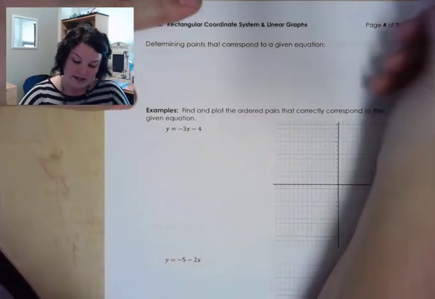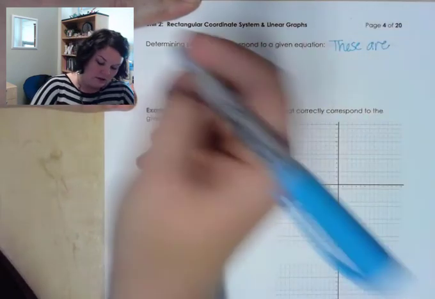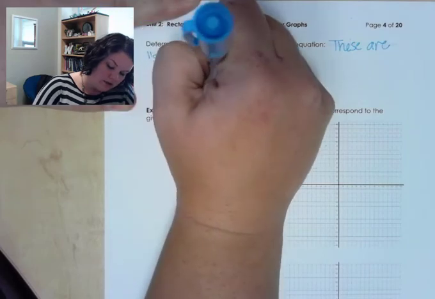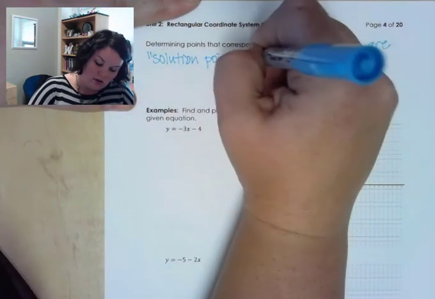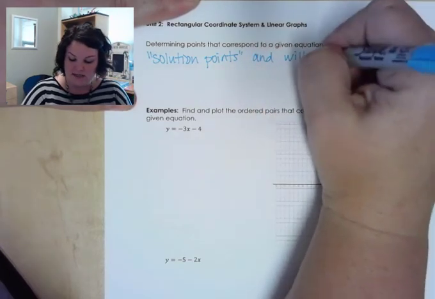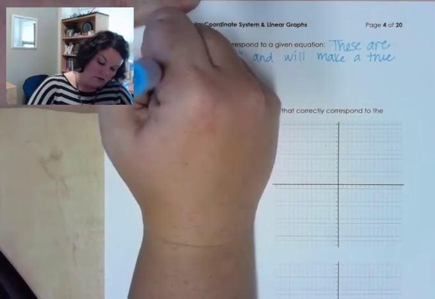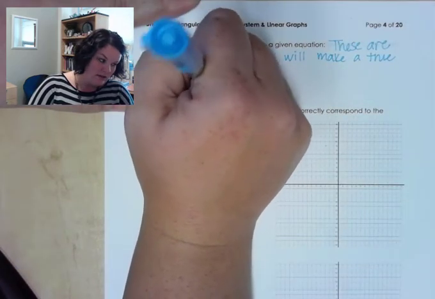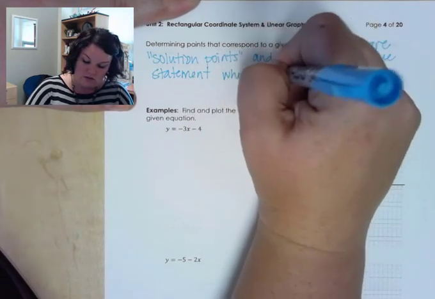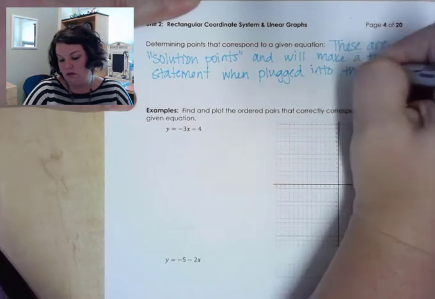Okay, so I'm going to go ahead and say these are solution points, and will make a true statement when plugged into the equation.